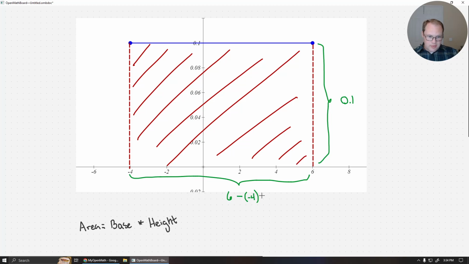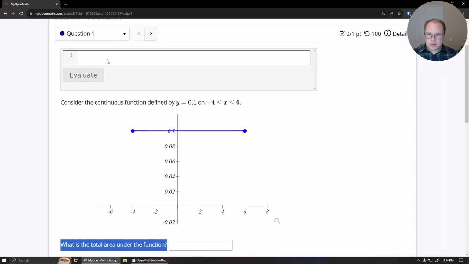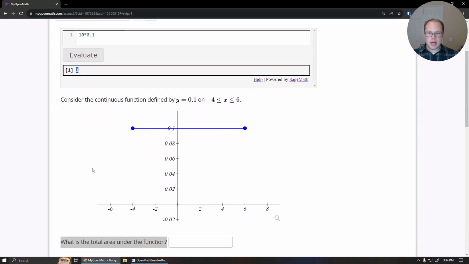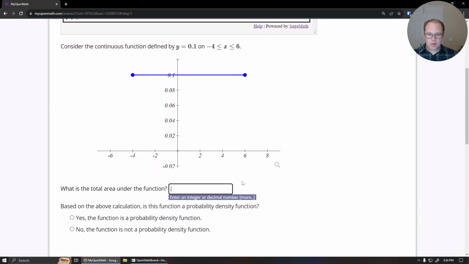So 6 minus -4, that's 10. That's the length of the base. So if I put those together, I get 10 times 0.1. So base is 10 units, height is 0.1 units. If I evaluate that, then the total area underneath this function is 1.